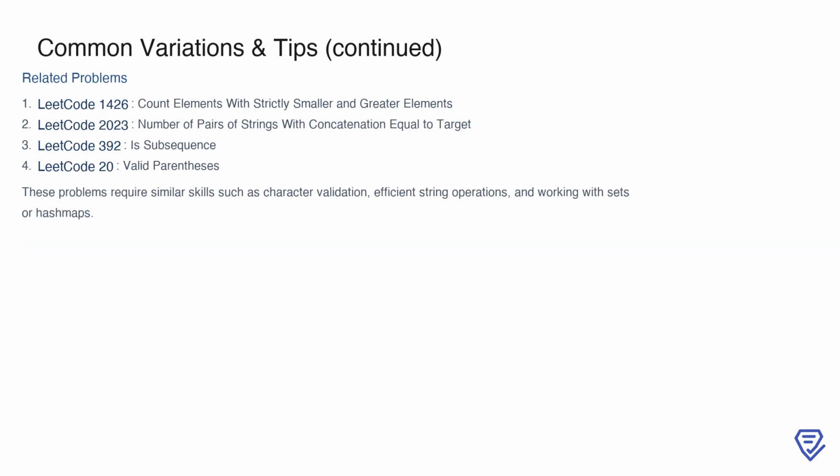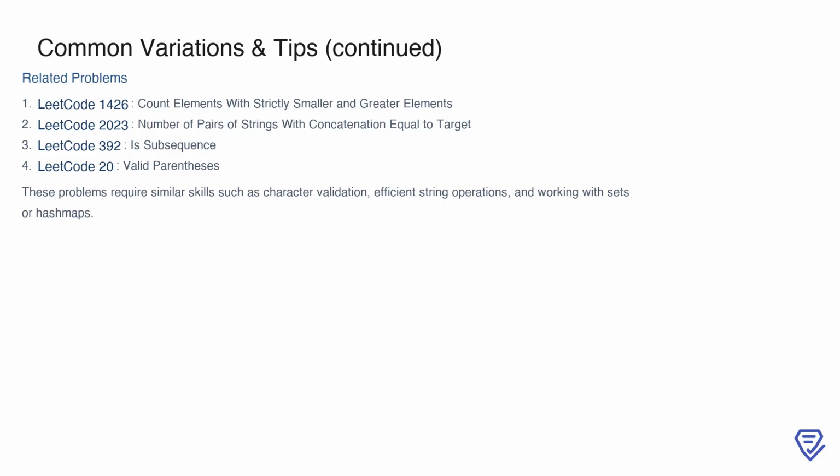If you're looking to practice similar problems that build on the concepts used here, there are several related LeetCode problems worth exploring. For example, LeetCode 1426, Count Elements with Strictly Smaller and Greater Elements, challenges you to work with comparisons and counts. LeetCode 2023, Number of Pairs of Strings with Concatenation Equal to Target, involves string manipulations and efficient handling of pairs.